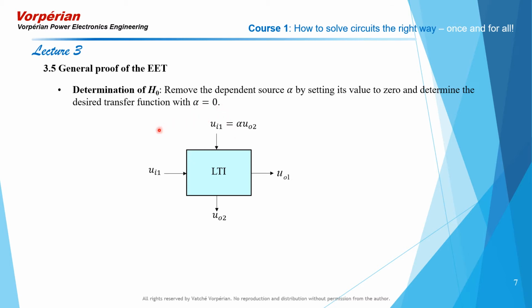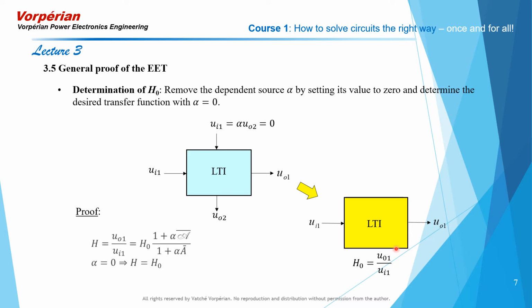So we go into the block diagram of the general linear time invariant circuit and we set the value of alpha equal to 0. And that sets this excitation here equal to 0. That reduces the block diagram to this block diagram here, in which we determine the transfer function output 1 over input 1, defined as h0, the reference transfer function with alpha equals 0.